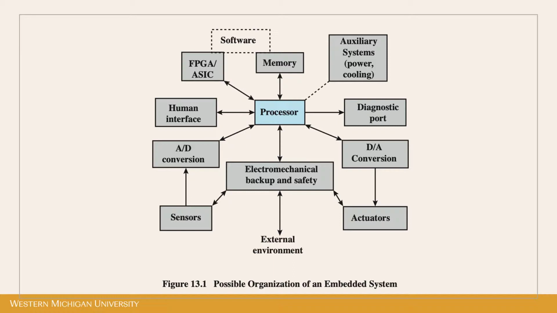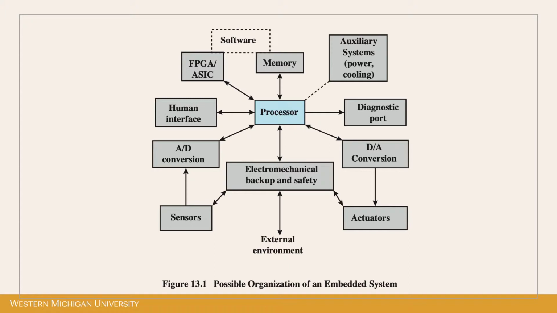We can have some kind of field programmable gate array that's running some software for us. We've got a little bit of memory, because of course we have to have some memory for a computer system if we're going to do anything with it. We've got auxiliary systems like power and cooling, some kind of diagnostic port usually, right? We have to be able to get in there and access the processor, find out if everything's going okay.